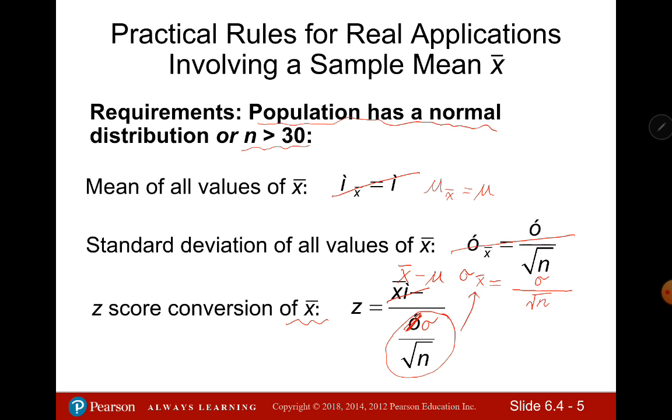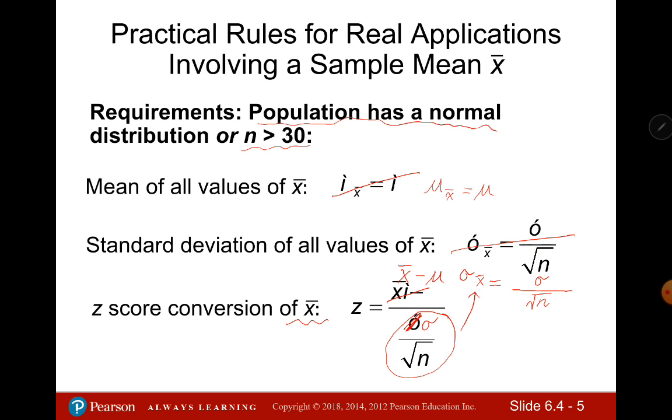So make sure you know there's a big difference between two kinds of z formulas. If we are talking about the single x value, then the denominator will be just sigma. If we want the z-score for a single sample mean x bar, then the denominator will be the population standard deviation sigma divided by the square root of n.